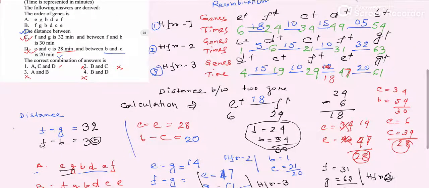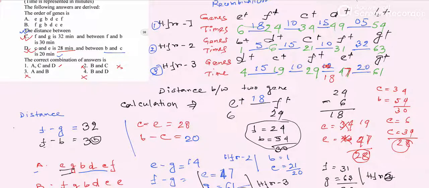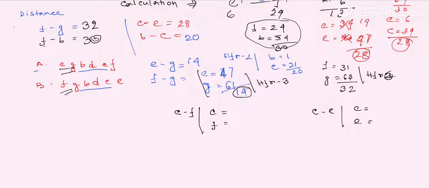First, we check whether C and F are present in the same combination. We can find that C and F are found in the HFR strain, where F is 24 and C is 34. So the distance between them is 10.